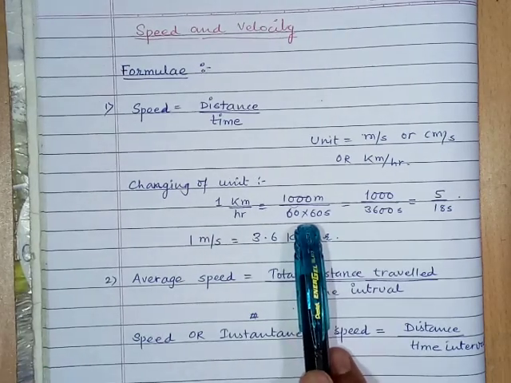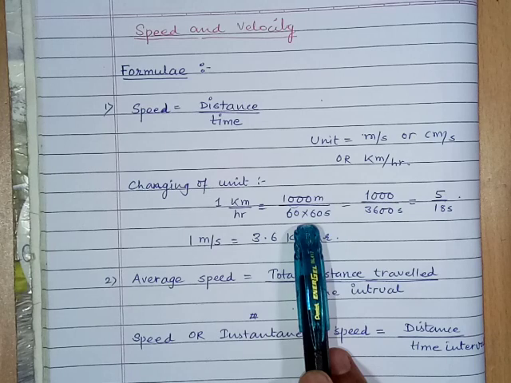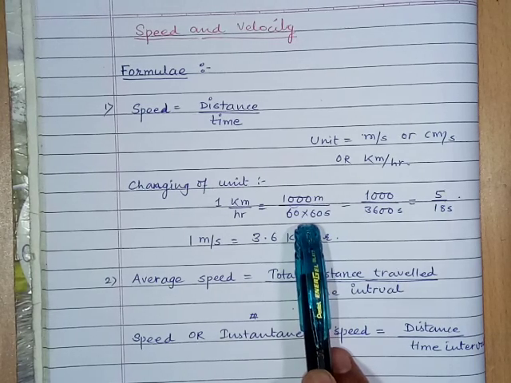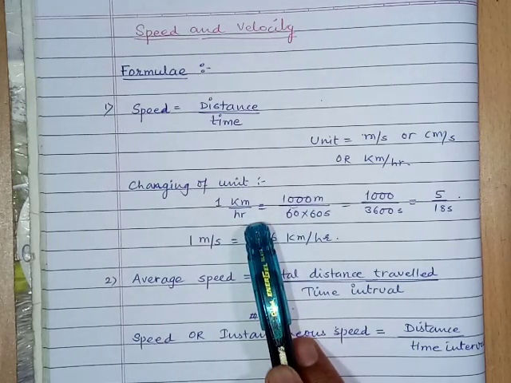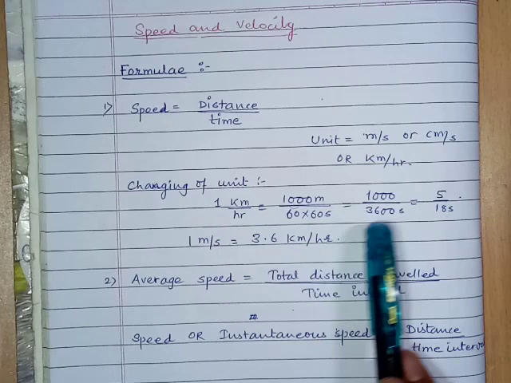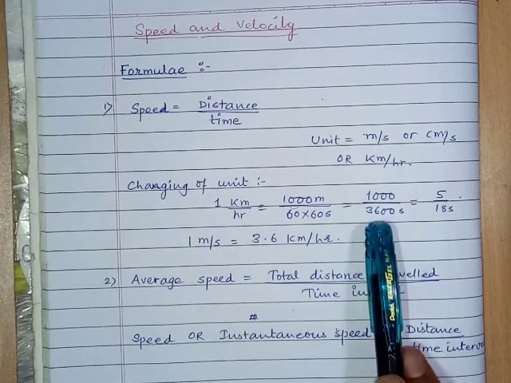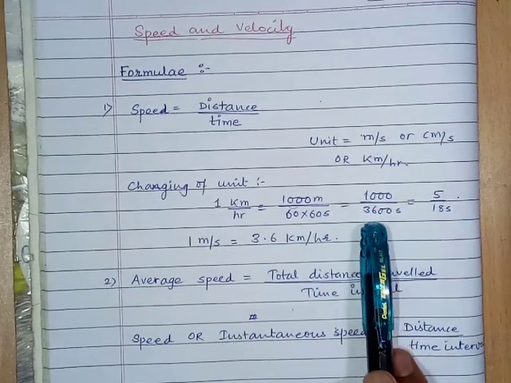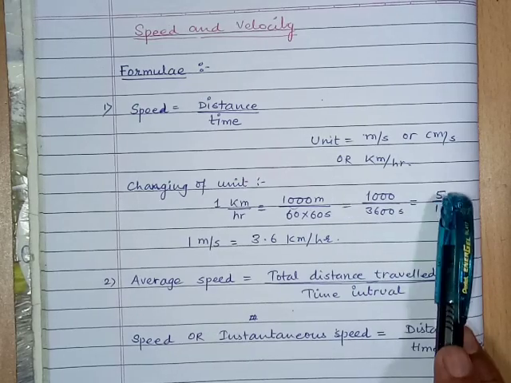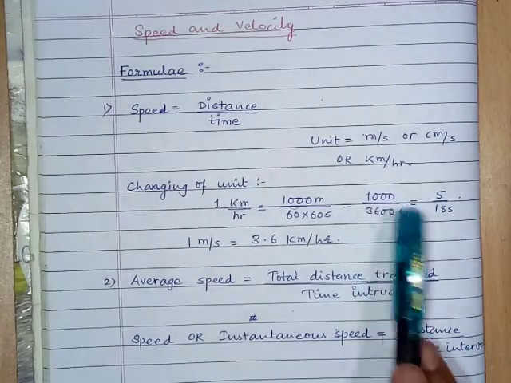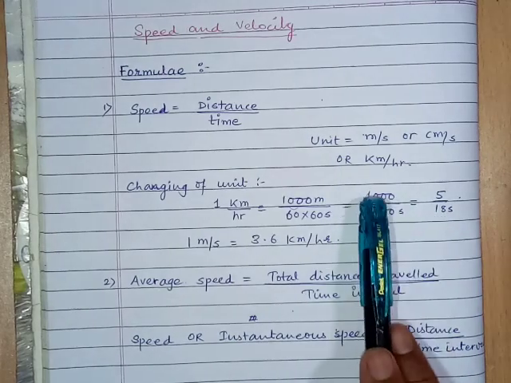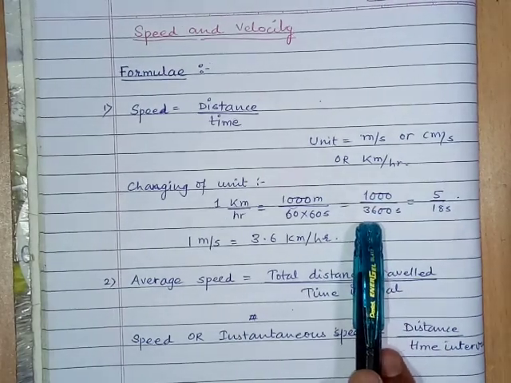Whenever you are converting kilometer per hour into meter per second, the given quantity, the speed of the vehicle in kilometer per hour, should be multiplied by 1000 and divided by 3600, or in short, multiplied by 5 by 18. So 5 by 18 is the factor coming out of 1000 divided by 3600.